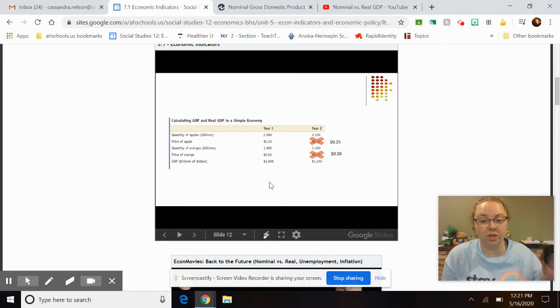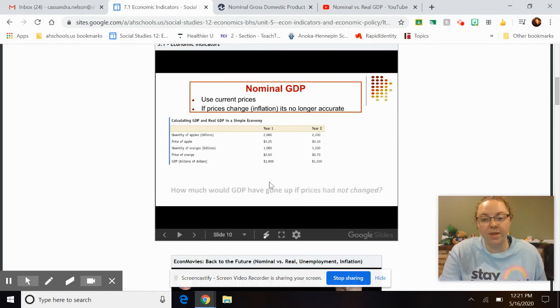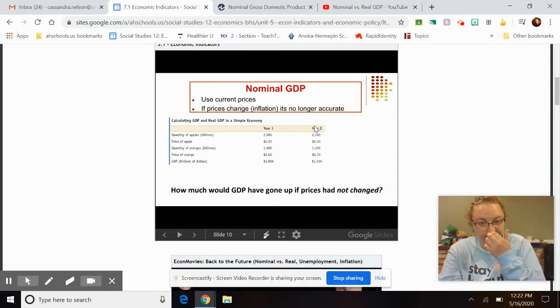That's exactly real GDP, because the actual quantity, the actual product of apples, is increasing, not the prices. Whereas with nominal, I'm sorry, I'm going to go back really quick. With nominal, you can see right here, the prices are increasing. It says the quantity is increasing, but the price also has a really big effect on that quantity number.